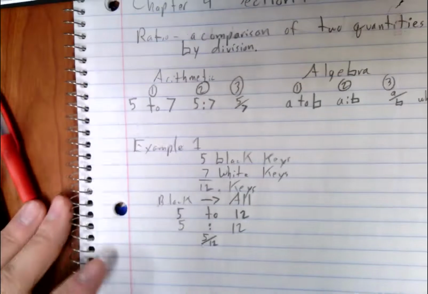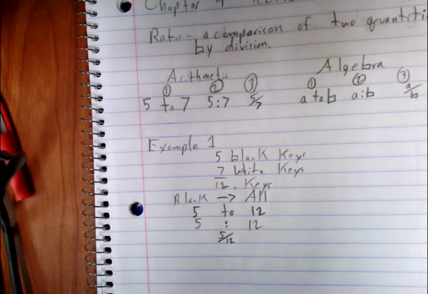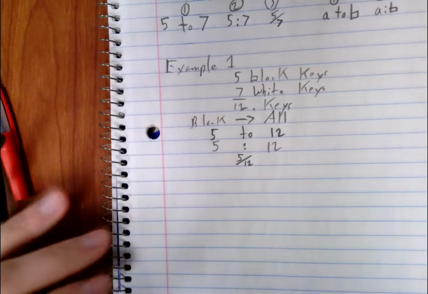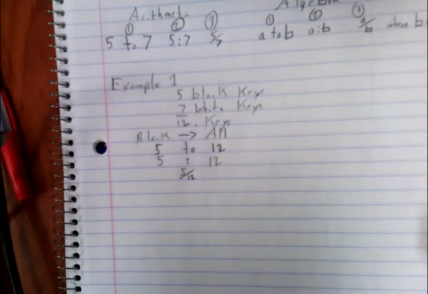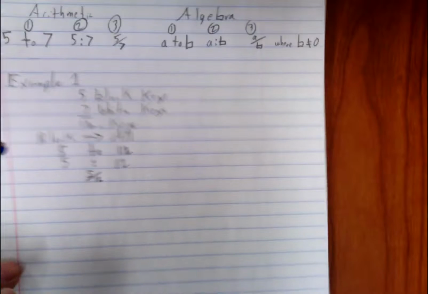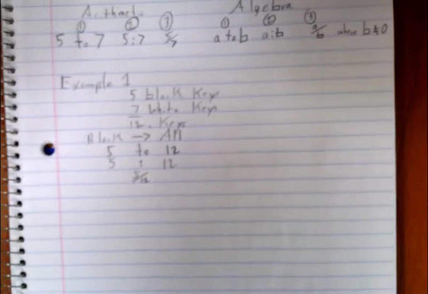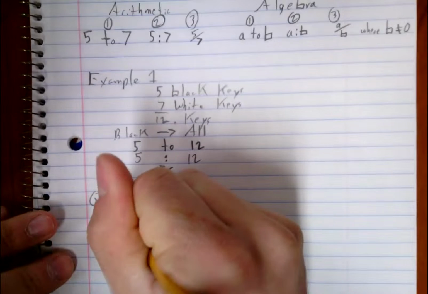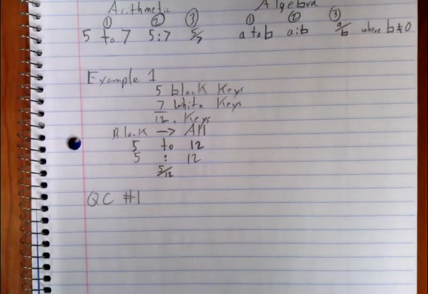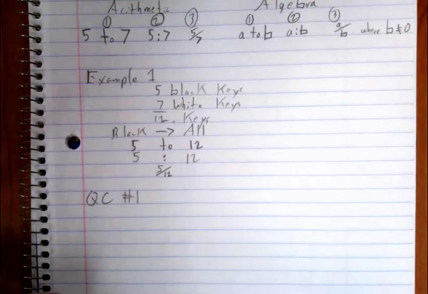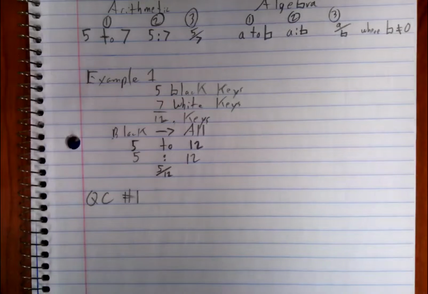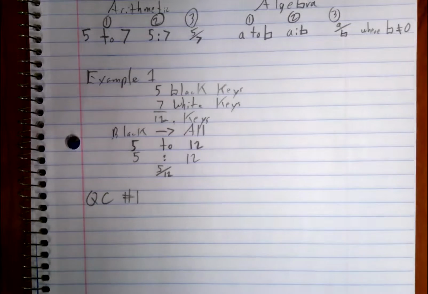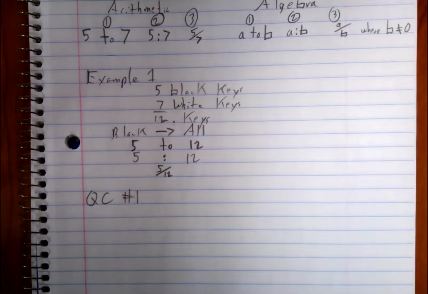At this time, I want you to pause the video and work on quick check number 1 on page 128. Quick check number 1 says write each ratio in 3 ways. Use the pattern of keys shown above.